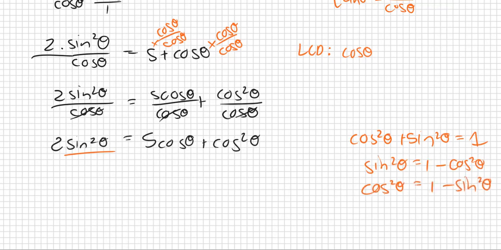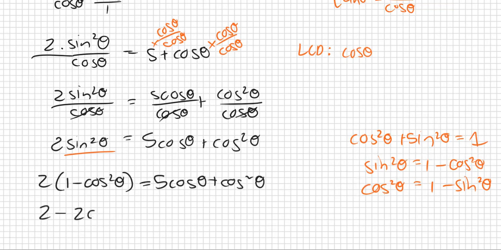So we can see that sine squared theta is 1 minus cos squared theta. We've accomplished one of our goals, and that's to get all of it into cos. Okay, so as times this 2 in, 2 minus 2 cos squared theta is equal to 5 cos theta plus cos squared theta. Whoops, daisies, it's not a square, it's just a theta. Okay.